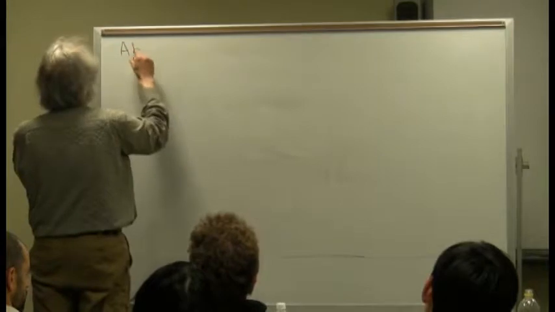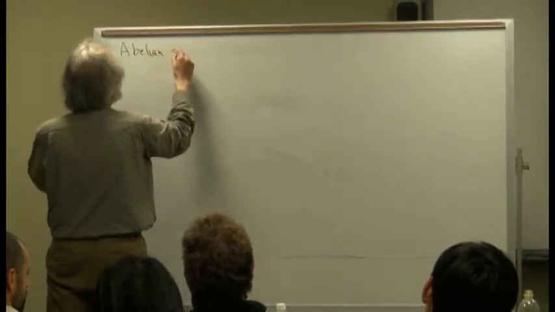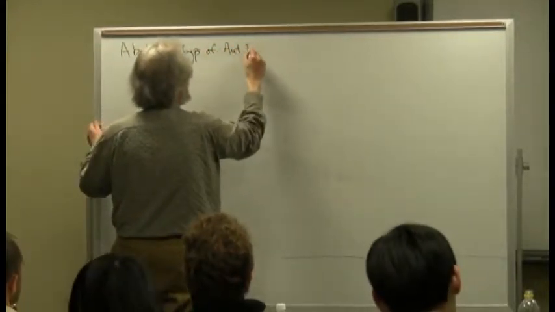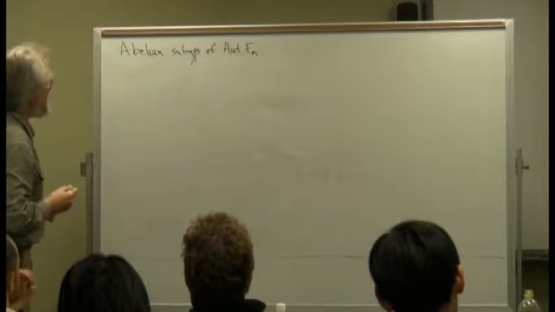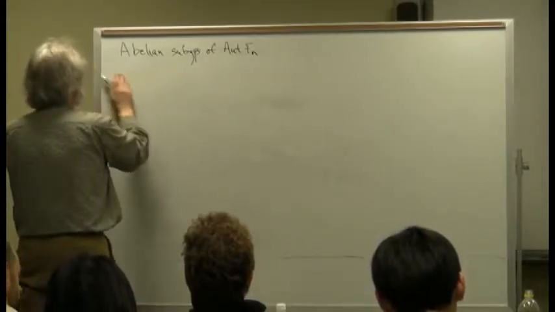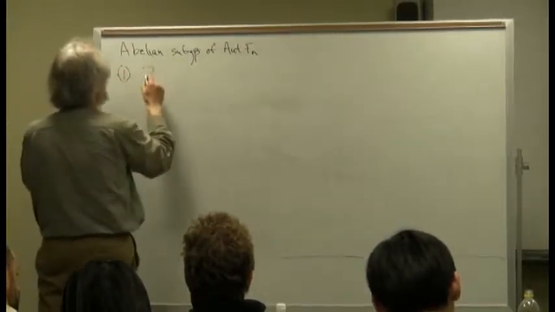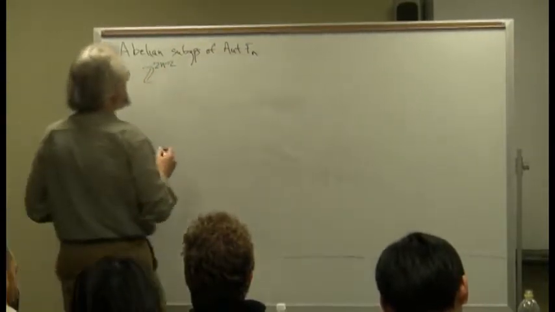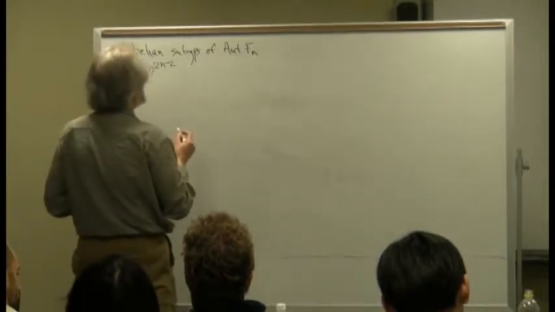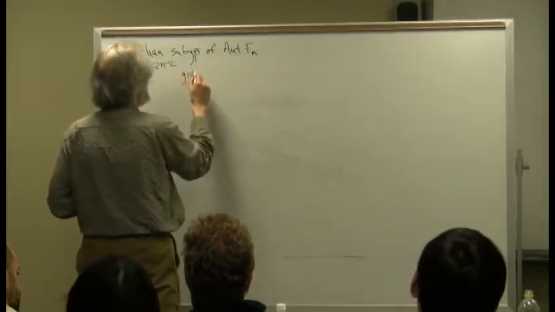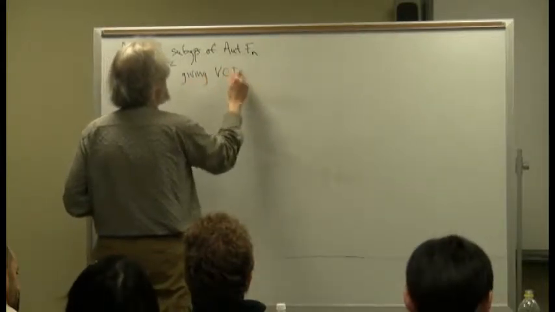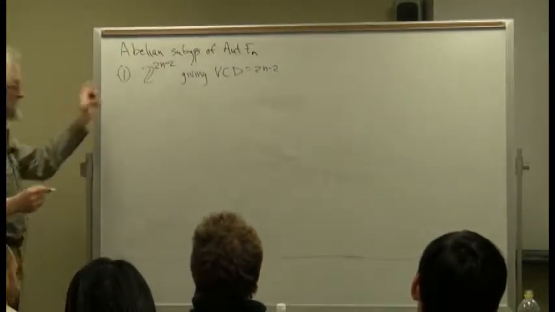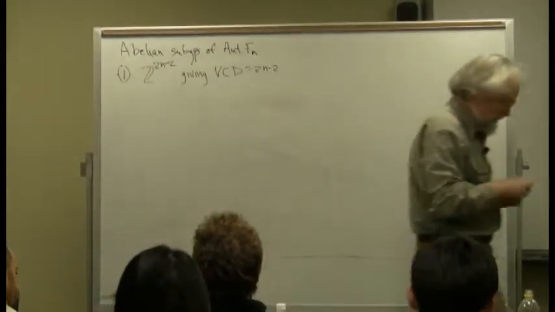So let's talk about abelian subgroups of Out Fn and also Aut Fn. So the first one, there's a Z rank 2n minus 2 that gives the VCD. It gives the lower bound, and then there's another argument that says that's also an upper bound.